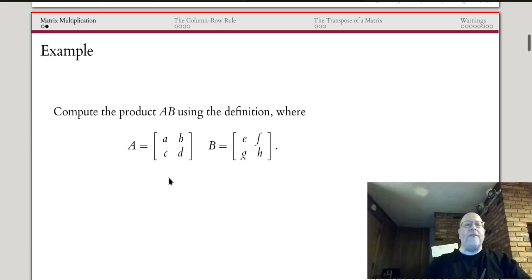So let's try this example. We're going to compute the product using the definition. This is the slow way. We're going to see a shortcut in a moment, where A is this matrix and B is this matrix. So we're going to start by saying what B times X is. So X is the vector XY.